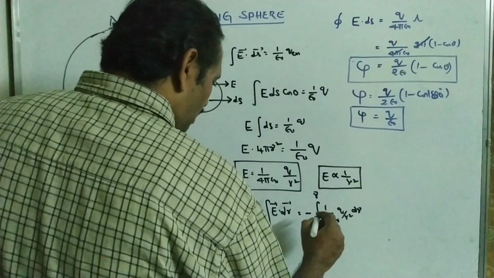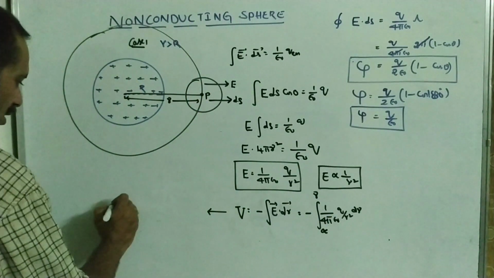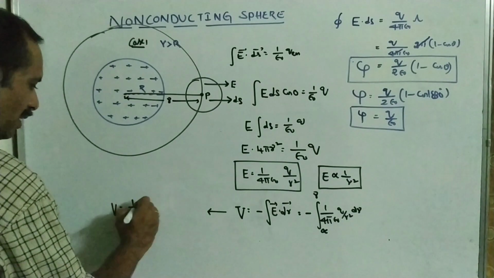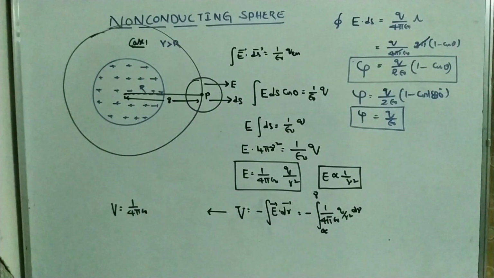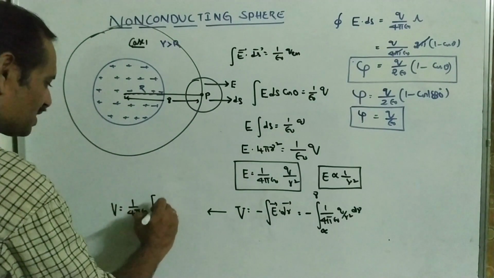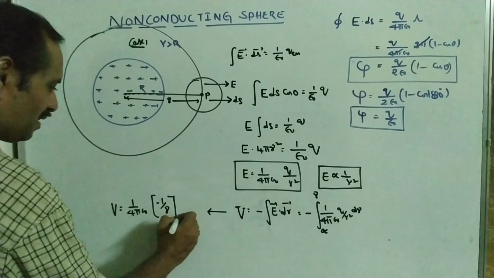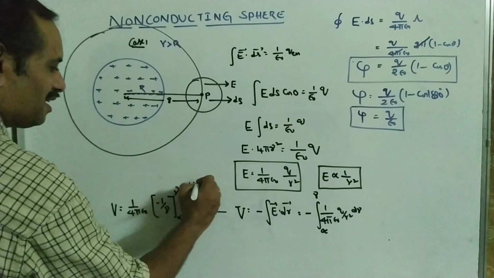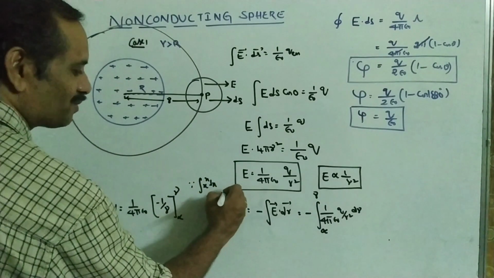V equals 1 by 4 pi epsilon 0 Q times the integral of 1 by r squared, which we know is minus 1 by r, from infinity to r, since integral x to the power n dx equals x to the power n plus 1 by n plus 1.